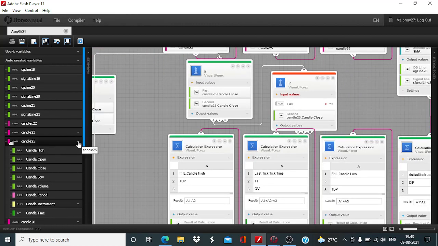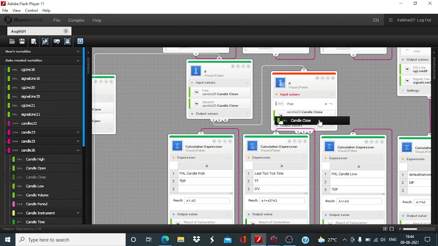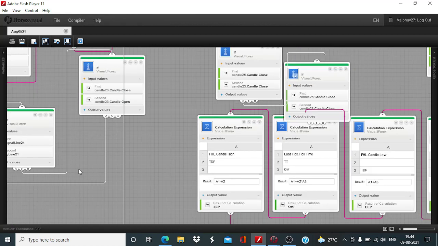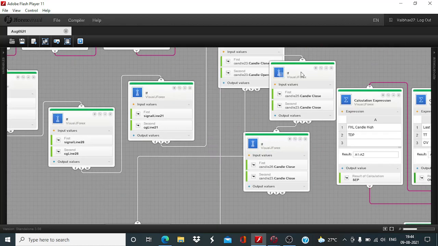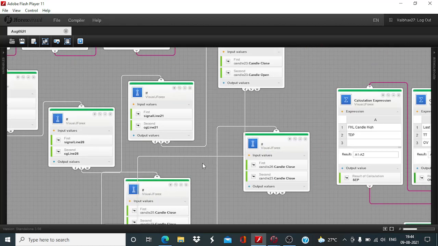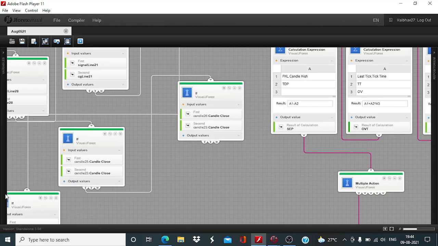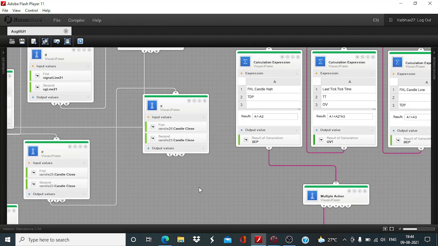So for this block the condition is going to be first input greater than second input.